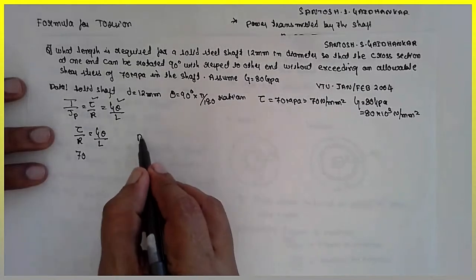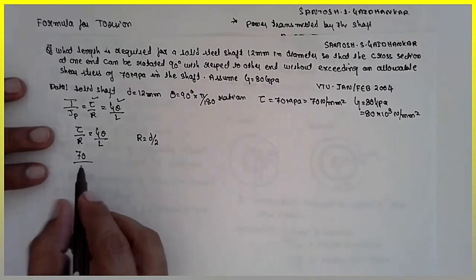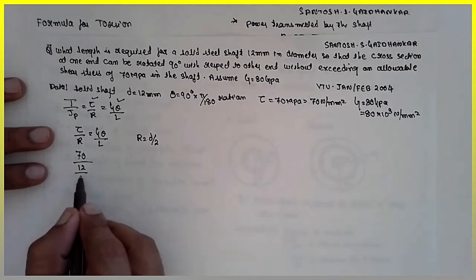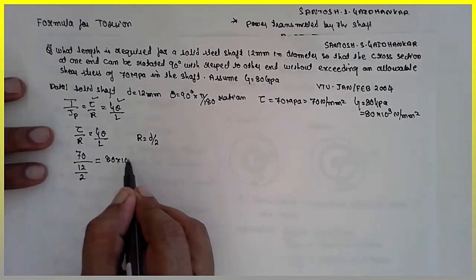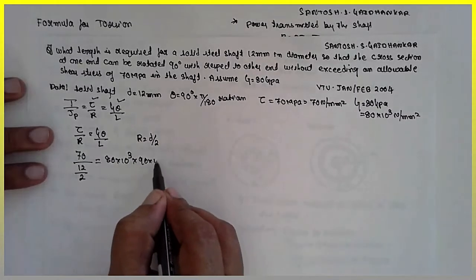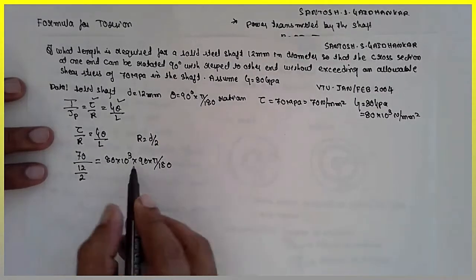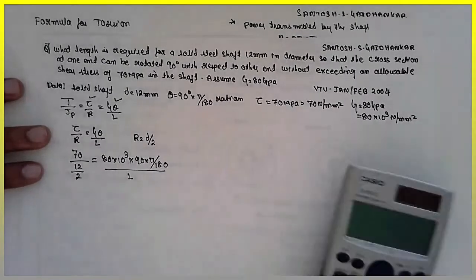What is R? R is nothing but d by 2, and d here is 12, so 12 divided by 2. G is 80 into 10 raised to 3, times 90 into pi by 180, divided by L.